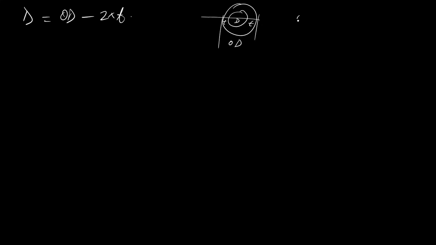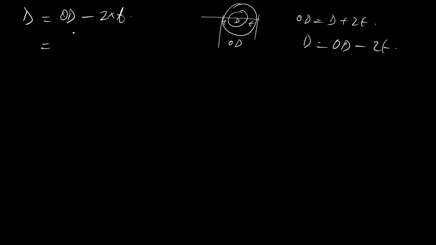And we have not gotten our d. d is the outer diameter minus 2 times t. If you have a circle like this, the outer diameter and the inner diameter, there is thickness here and thickness here. So the outer D is equal to that d plus 2t. That means d is equal to the outer D minus 2t.